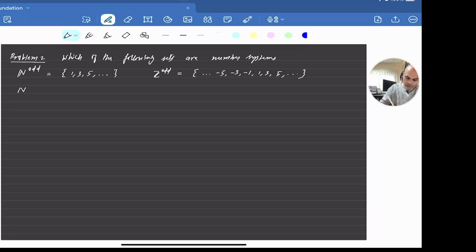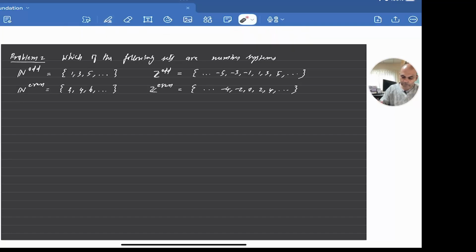and the set of all even natural numbers 2, 4, 6, etc., and the set of all even integers, -4, -2, 0, 2, 4, and so on.